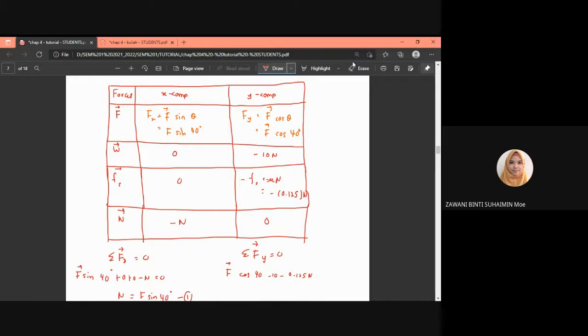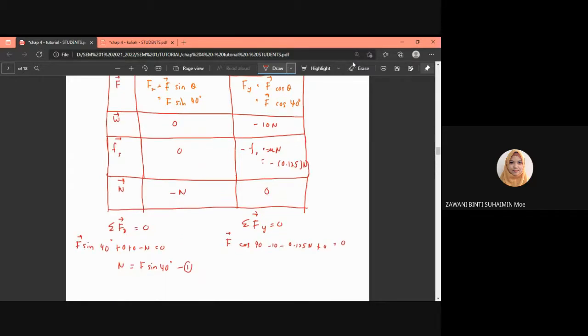Lepas tu tambah kosong, it's equal to 0. So now kita cuba cari. Daripada sini kita dapat tahu bahawa F cos 40 is equal to 10 plus 0.125 normal force.